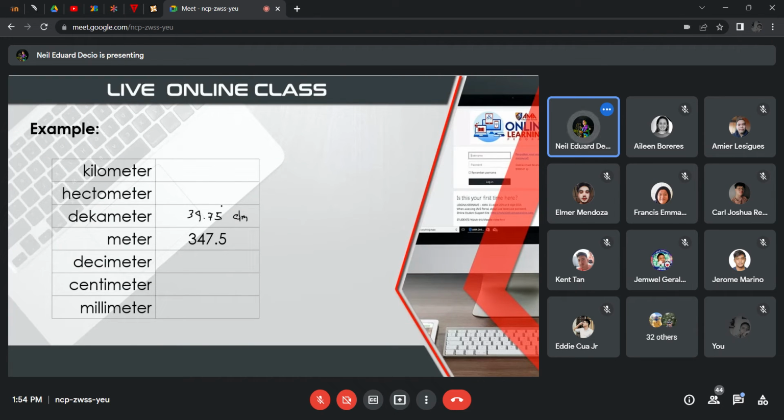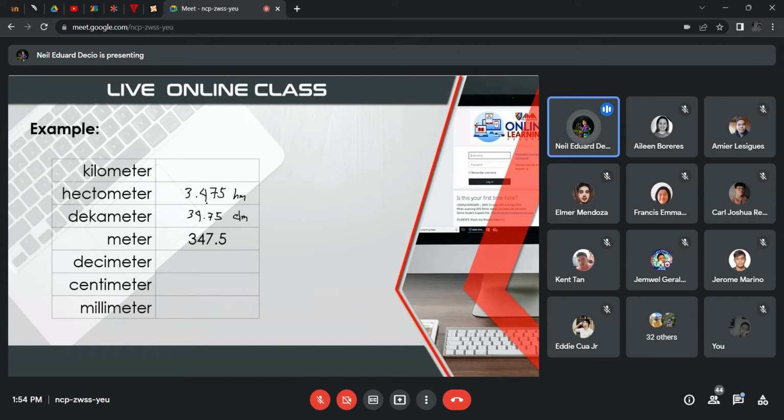What do you think would be 347.5 meter in hectometer? 3.47 centimeter. I mean, hectometer. So that would be 3.475 hectometer.